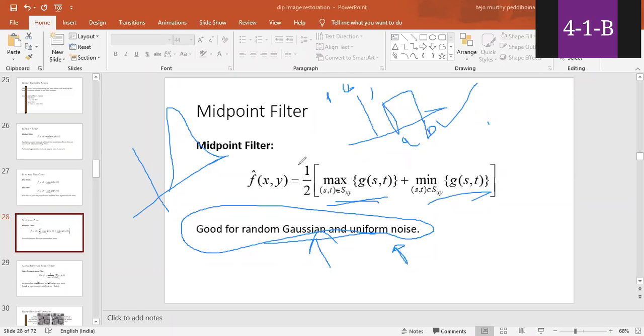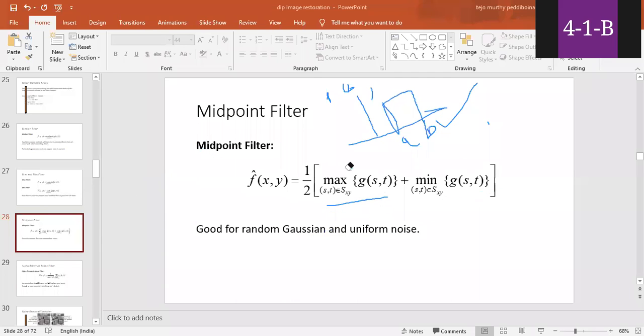Take the maximum value of the neighborhood, take the minimum value of the neighborhood, then you do the operation. One example we'll see. Not required actually, but for those who have missed the classes, I am explaining one more time.